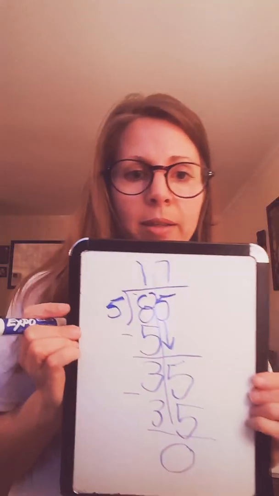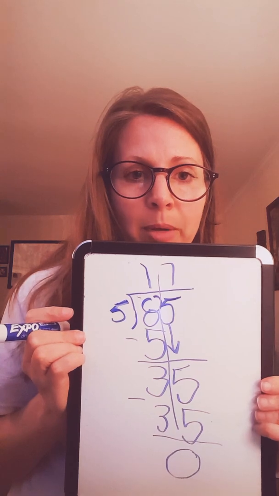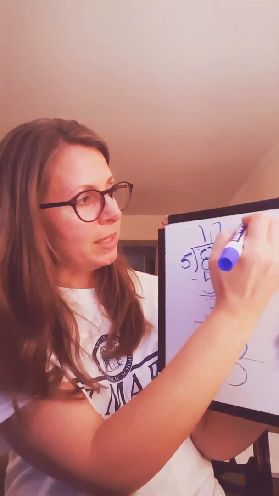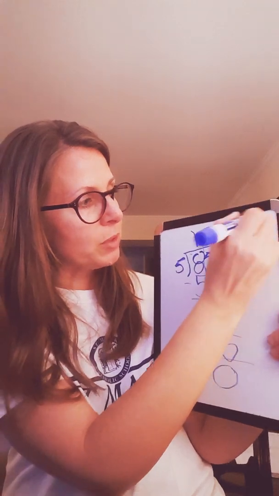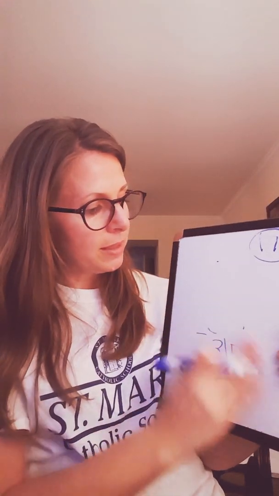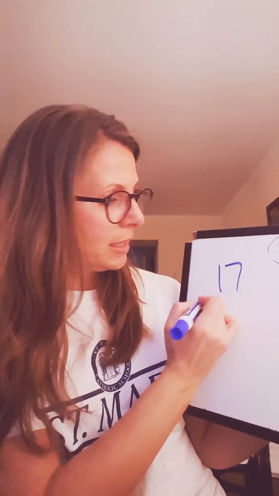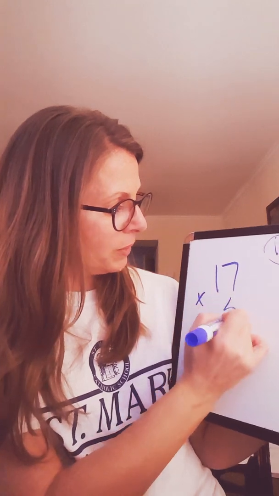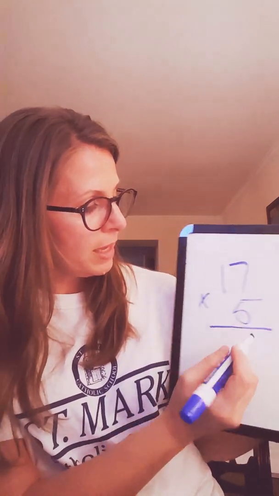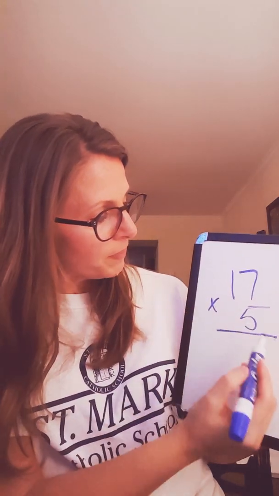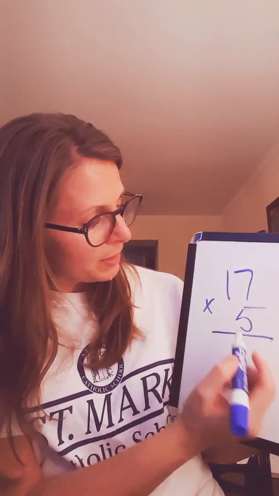All right, we'll check this last one we did. So we're going to check 85 divided by 5. We know that the answer was 17, so let me leave that up here so we can make sure, and then I'll erase. All right, now, a good way to check this is 17 times the divisor, which was 5, and you can just multiply this and see what you get. So we get 5 times 7 is 35.